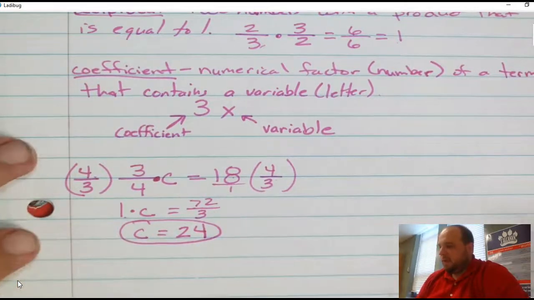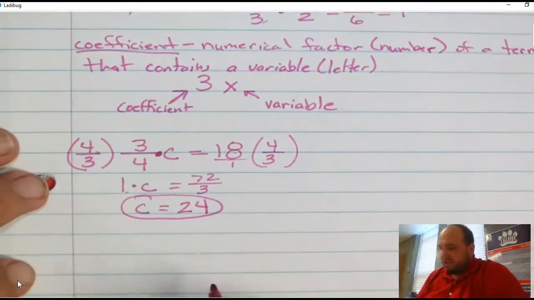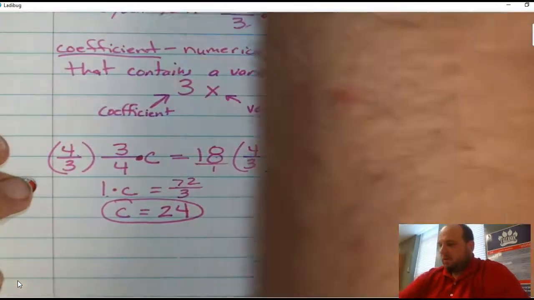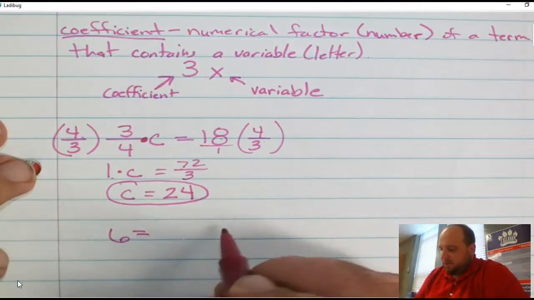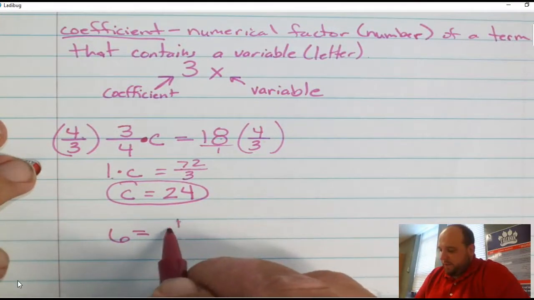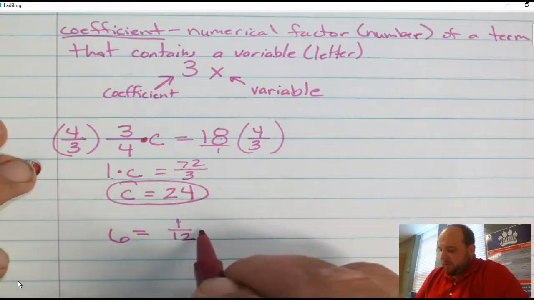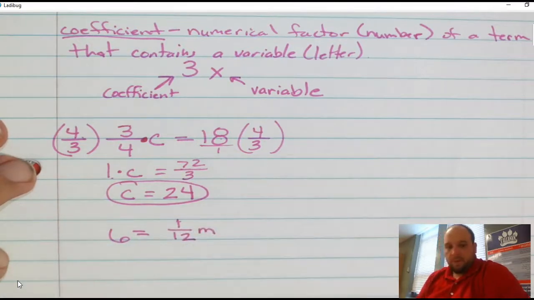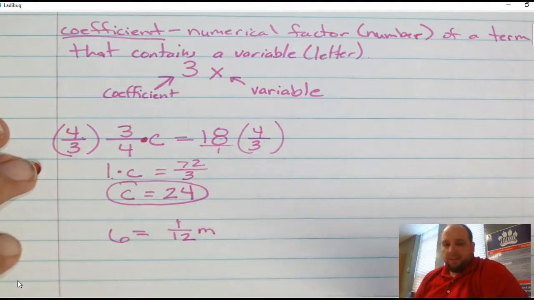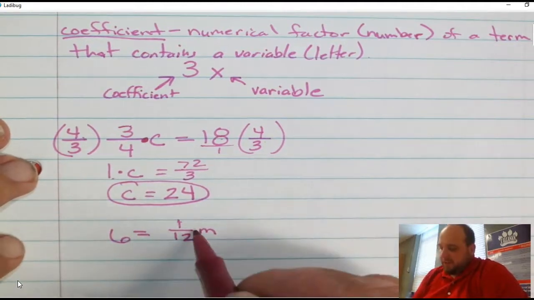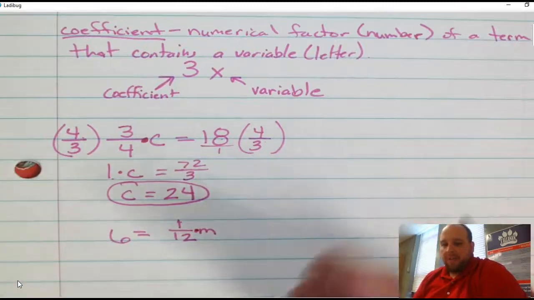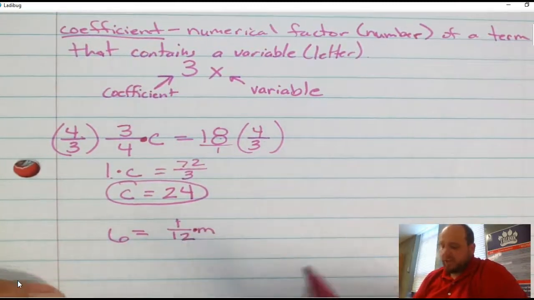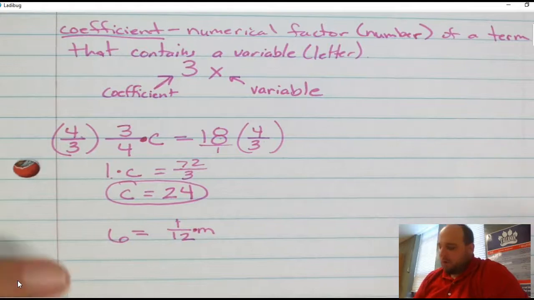All right, I'm going to show you another example. We have 6 equals 1/12 m. Again, I look at the variable. What's happening to the variable? It's being multiplied by 1/12. So I need to multiply by the reciprocal since I have a fraction here. What's the reciprocal of 1/12?